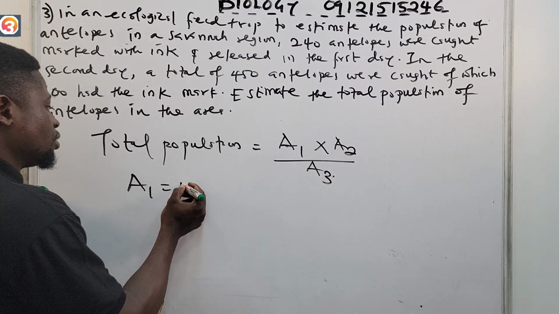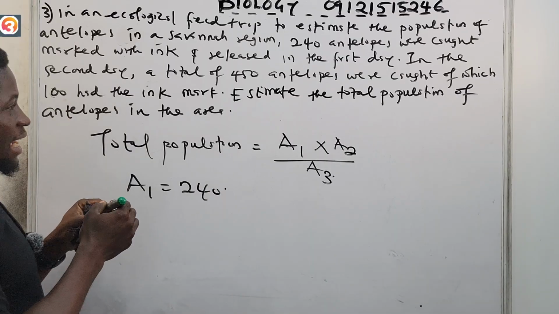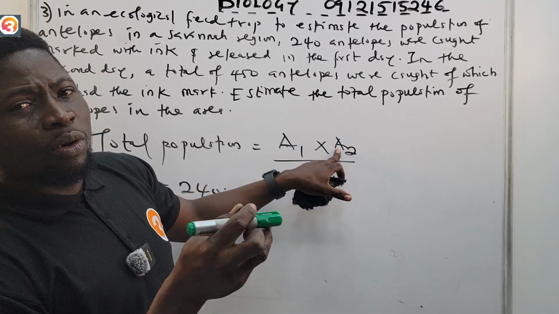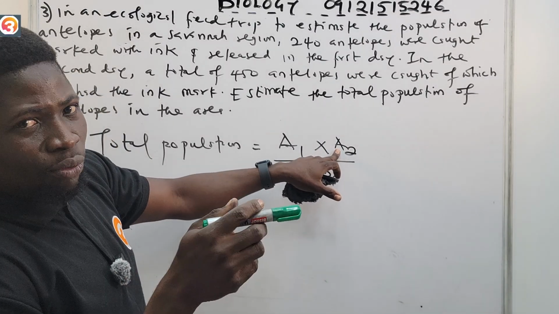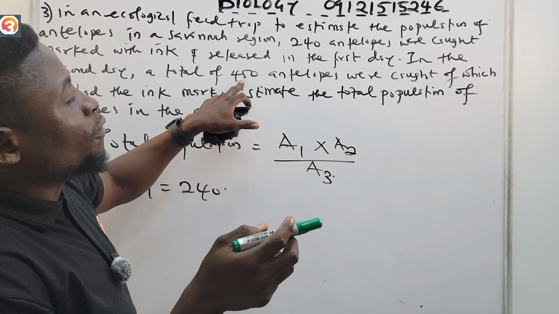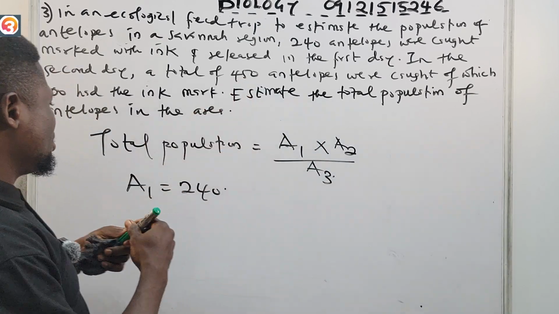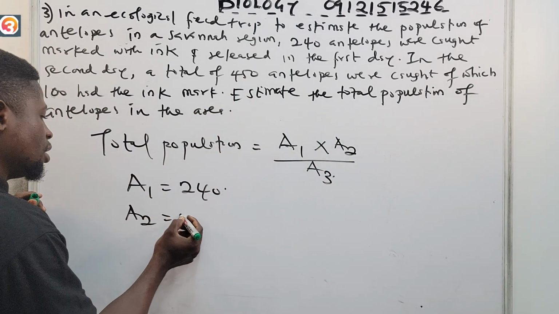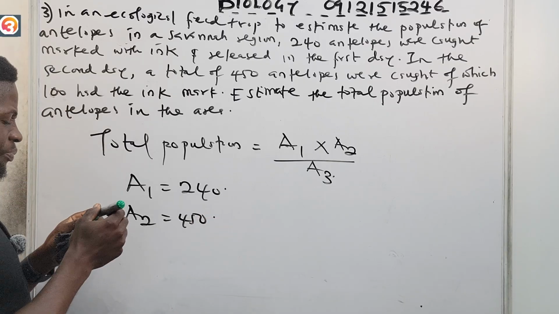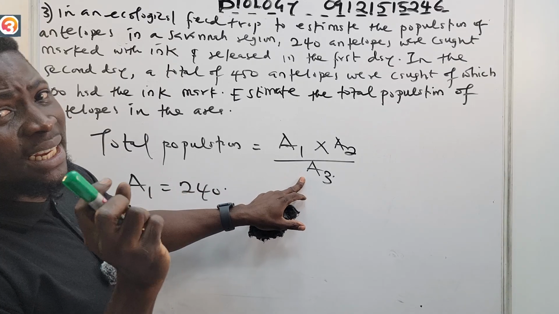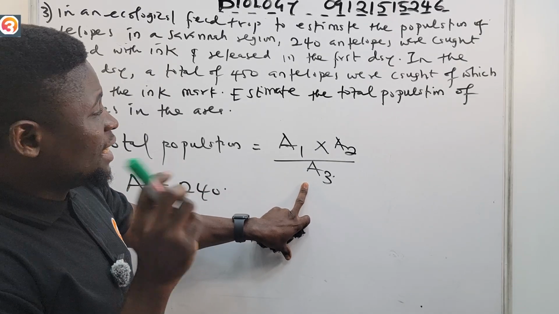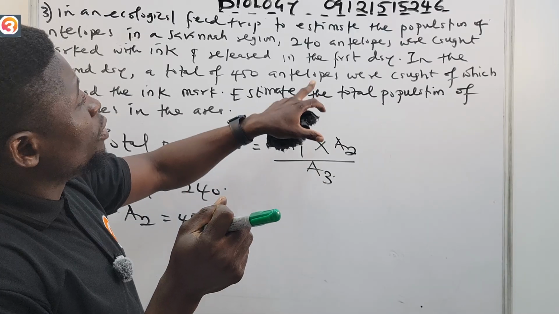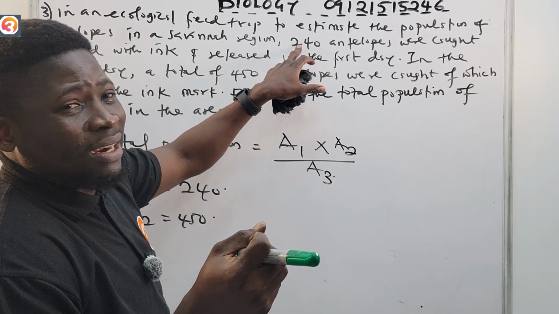So our A1 is 240. Now, A2 is the second sample, which is 450. But where do we get it wrong in this A3? The A3 is not the sum of 450 and 240.